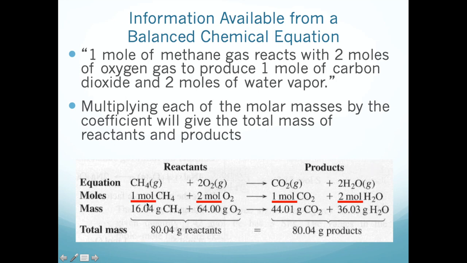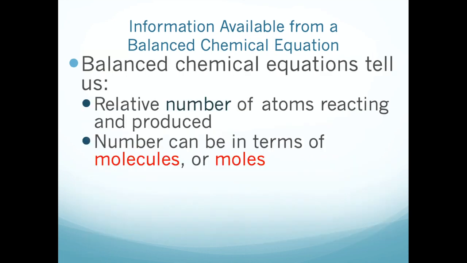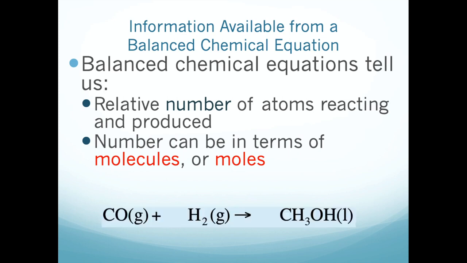Likewise, for every 1 mole of methane, I would have 2 moles of water. Okay, so essentially, we use our balanced chemical equation to tell us these relationships. Okay, and that's kind of the important thing that we are going to get out of balancing equations in this half of the chapter.